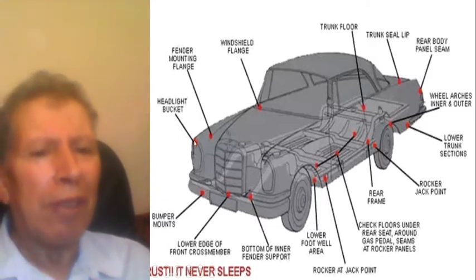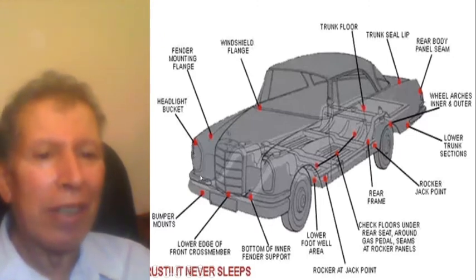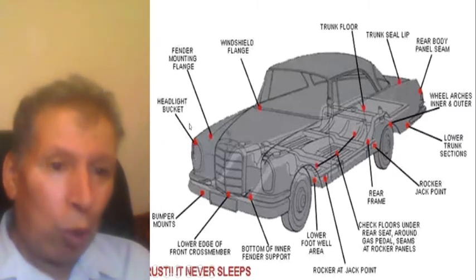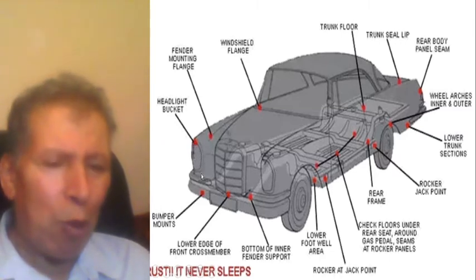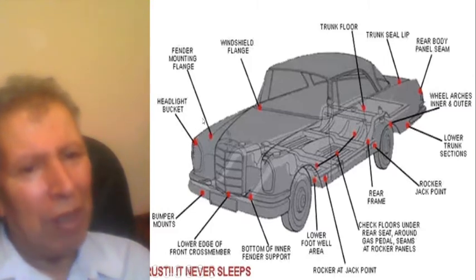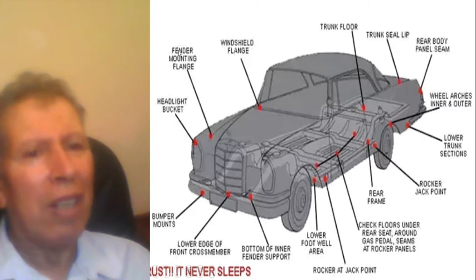Headlight bucket. These are the headlights. They've got buckets. That is, they look like buckets. So again, water from the rain, exposure, or shocks from accidents can damage these parts of the car.